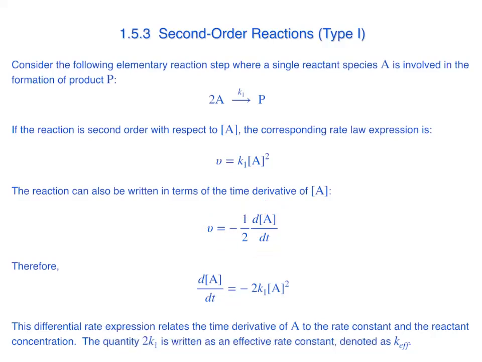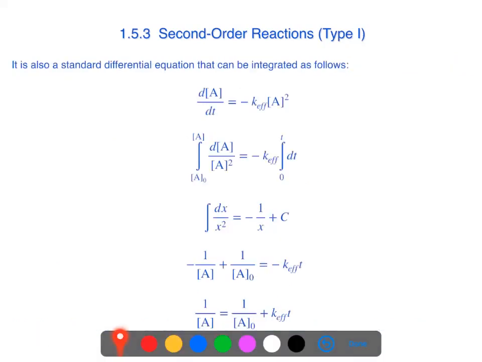Therefore, this differential rate expression relates the time derivative of A to the rate constant and the reactant concentration, and the quantity 2K1 is written as an effective rate constant, denoted as K effective. Now, this differential equation is also a standard differential equation that can be integrated as follows.